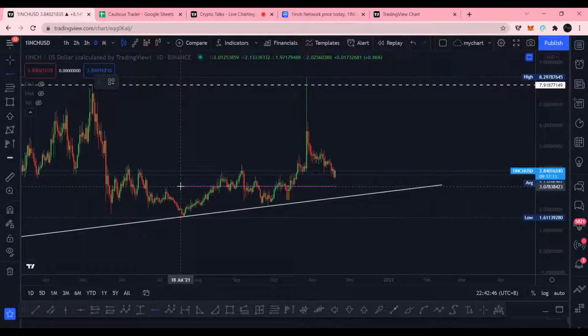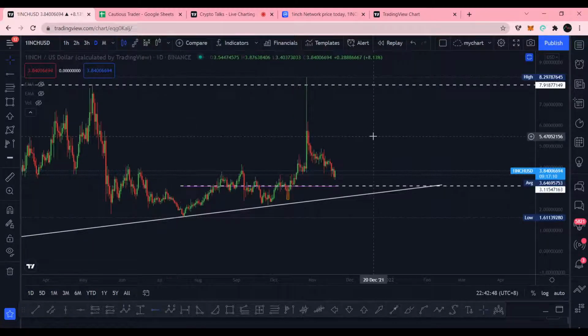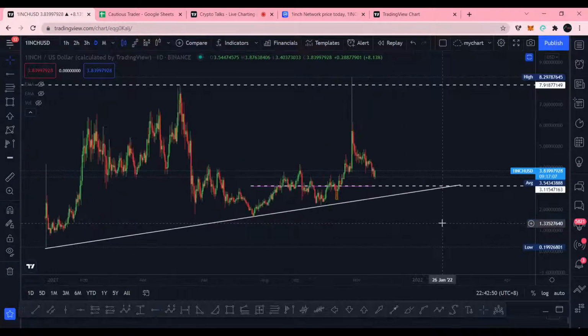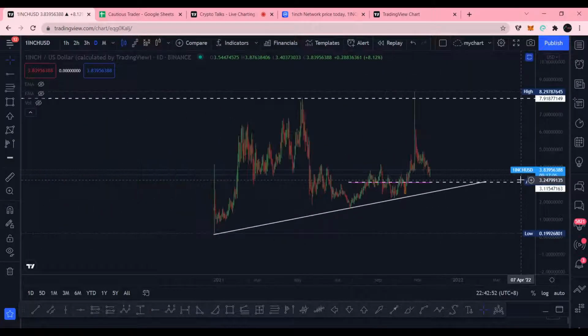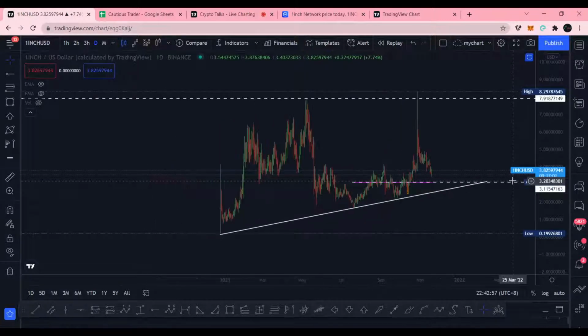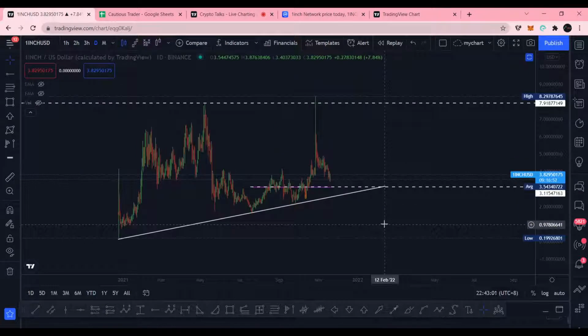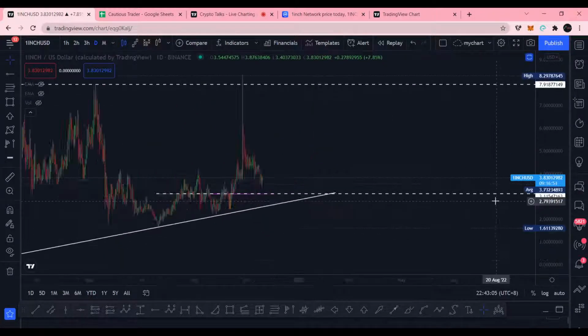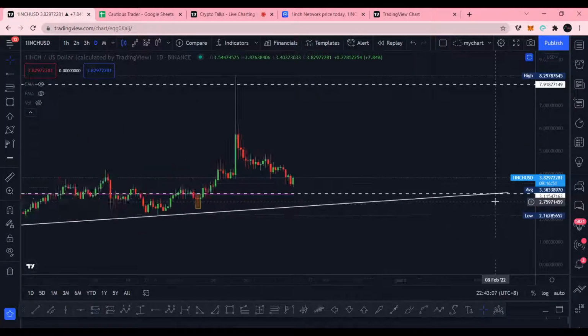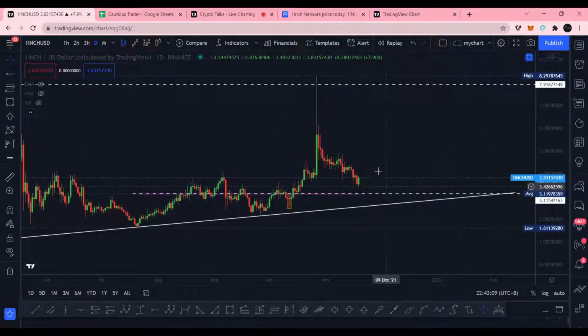Since it's trading above it, if I still have no position, I might possibly long on this.